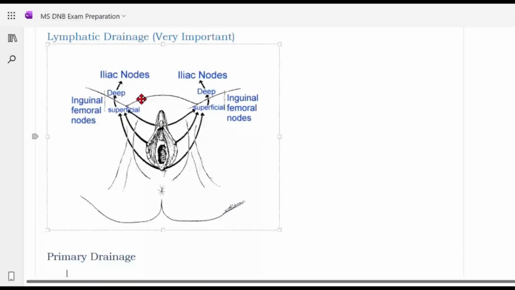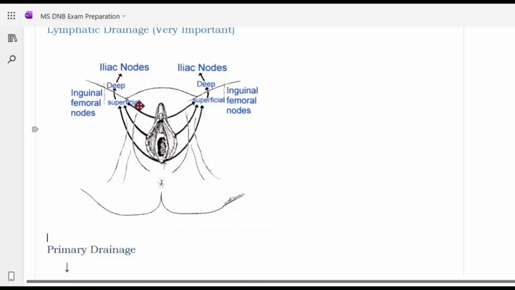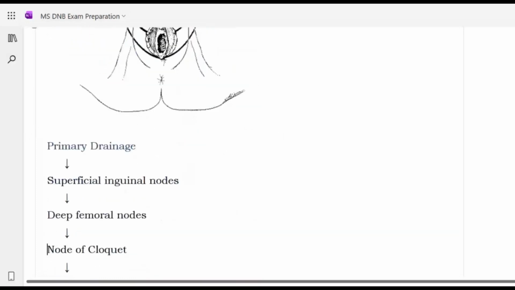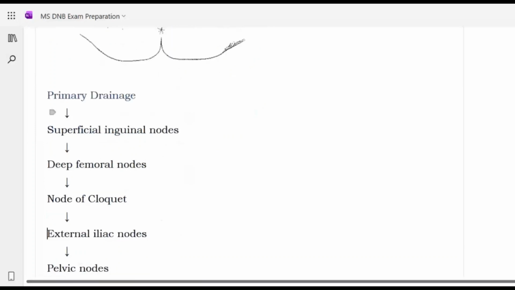Okay. But if the lesion is lateral, and if you need the lymph node assessment, then in that particular case, unilateral lymph node assessment or lymphadenectomy is sufficient. Okay, so the primary drainage is a very important concept. The primary drainage of the lymph node is the superficial inguinal lymph nodes. Then it goes to the deep inguinal lymph nodes.